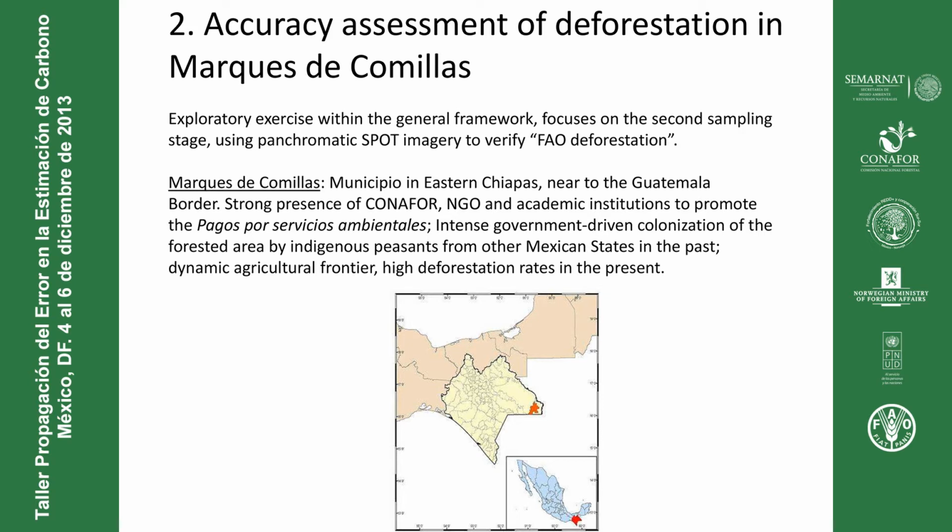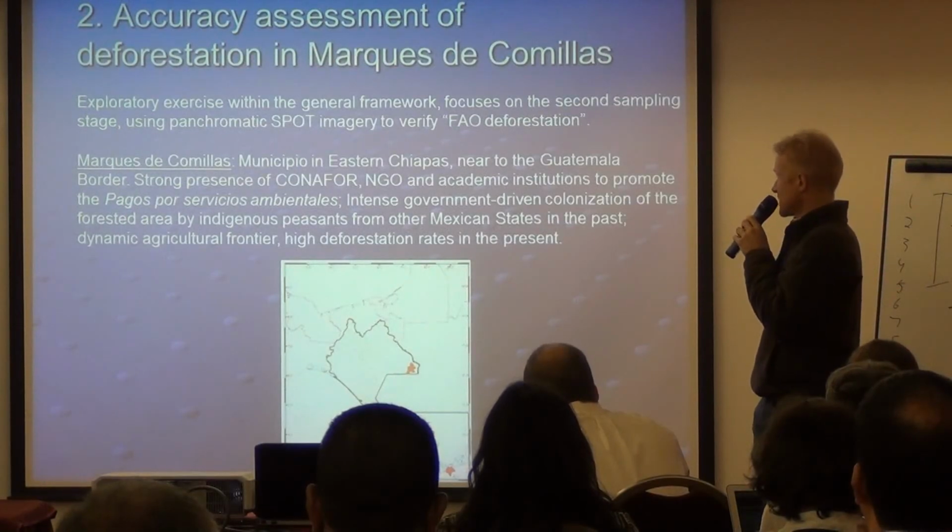There's a strong presence of institutions there to promote environmental services, because it's a region where in the past intense government-driven colonization of the forested area happened, bringing indigenous peasants from other Mexican states. So there's a dynamic agricultural frontier in this municipio and the municipios nearby, with high deforestation rates in the present.